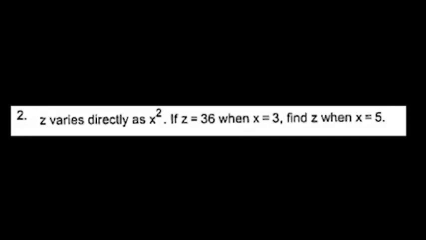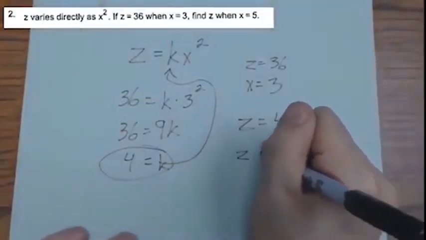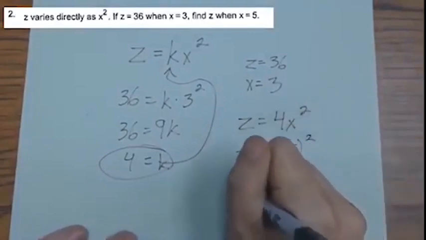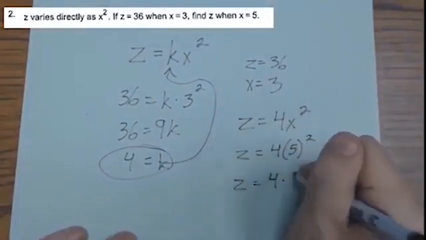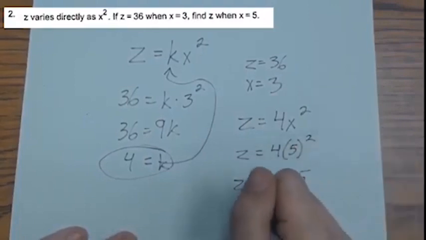The final part of this number 2 says, find z when x equals 5. So 5 squared is 25, order of operations.